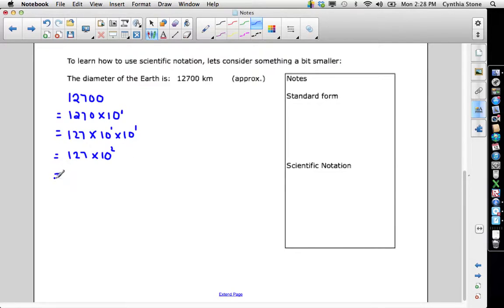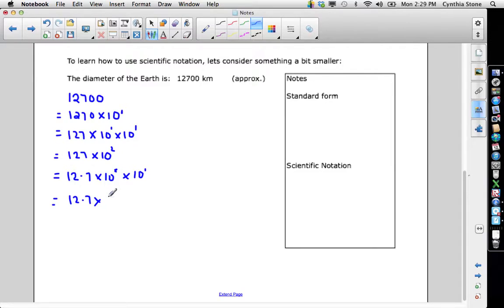And then I could say that's really 12.7 times 10 squared times another 10, which is really 12.7 times 10 to the 3. So that's a 1.